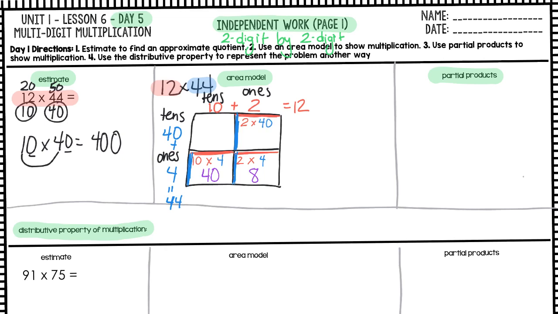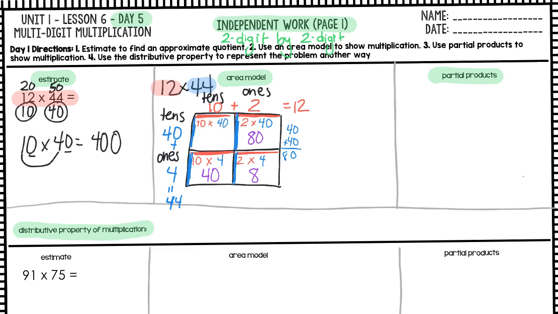So now I have 2 times 40. The easiest way for me to solve 2 times 40 is to add 40 2 times. So when I add 40 plus 40, I get 80. So 80 will go in this box to represent 2 times 40. And then I have 10 times, and this side represents 40.